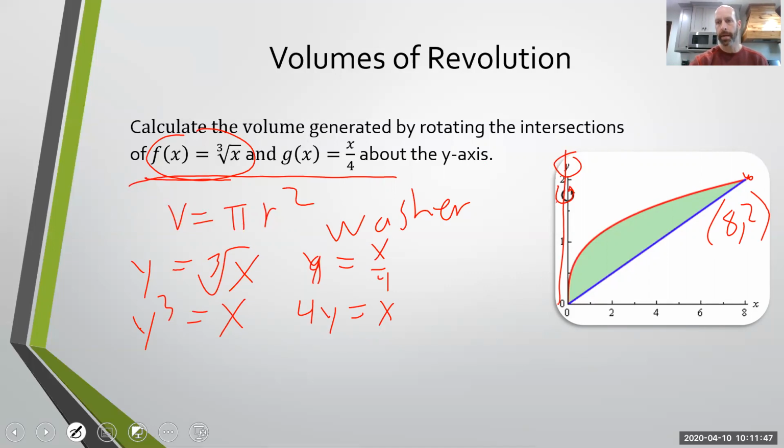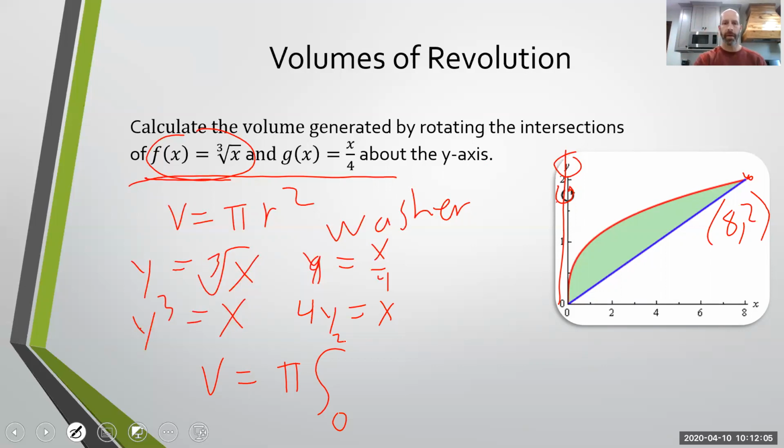Now we're going to need the 2 because remember we're going to integrate with respect to the y-axis. So to get our answer here, the volume is going to be pi times the integral from 0 to 2. Now we've got to do the function to the right. Normally we talk about being top minus bottom. Here we're going to do right minus left.